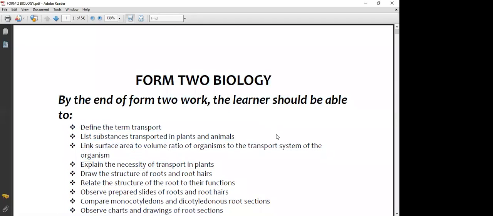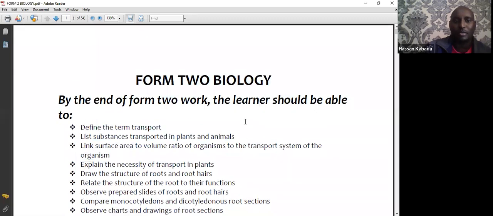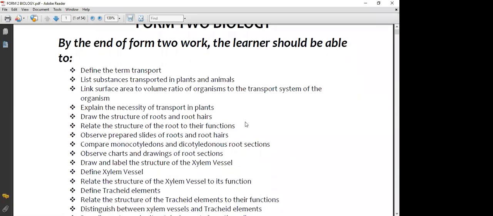That is biology 2 work. Yes, kindly those who are talking, can you kindly keep quiet as we continue?